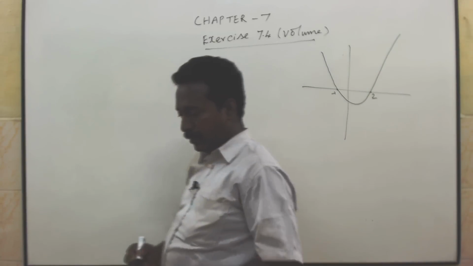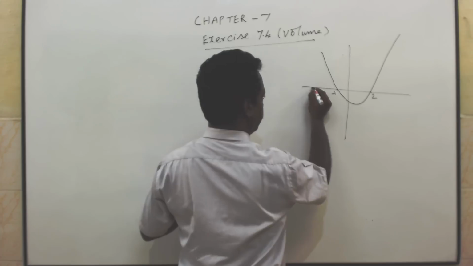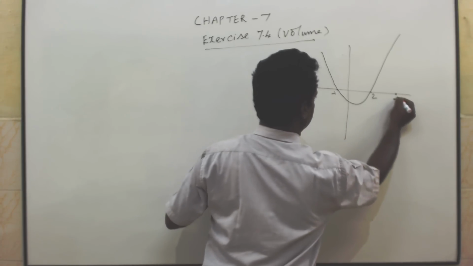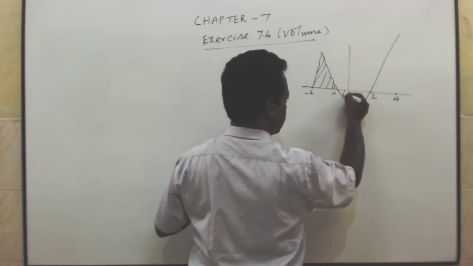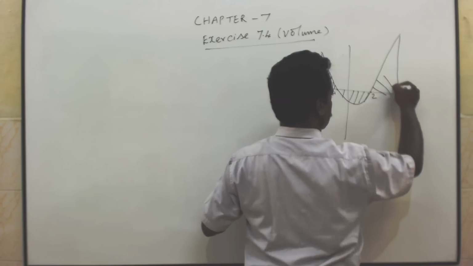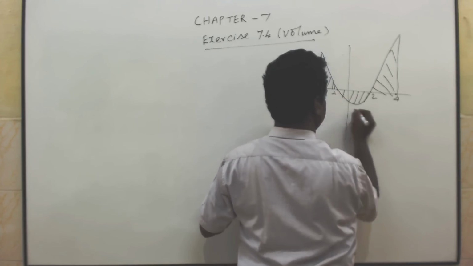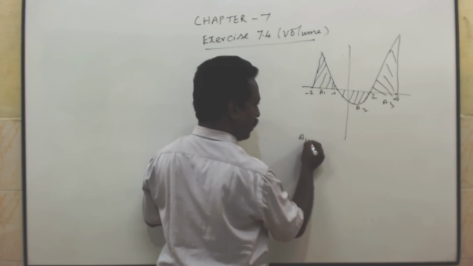What is the limit given? You have to find out minus 2 to 4. Minus 2 to 4. So, this area plus this area plus this area. So, this is A1, A2, A3. What is A1?